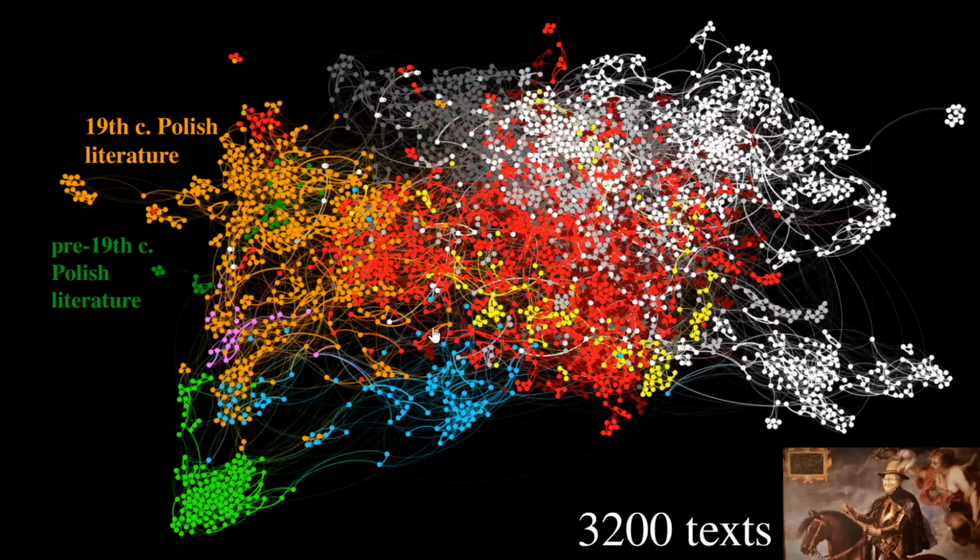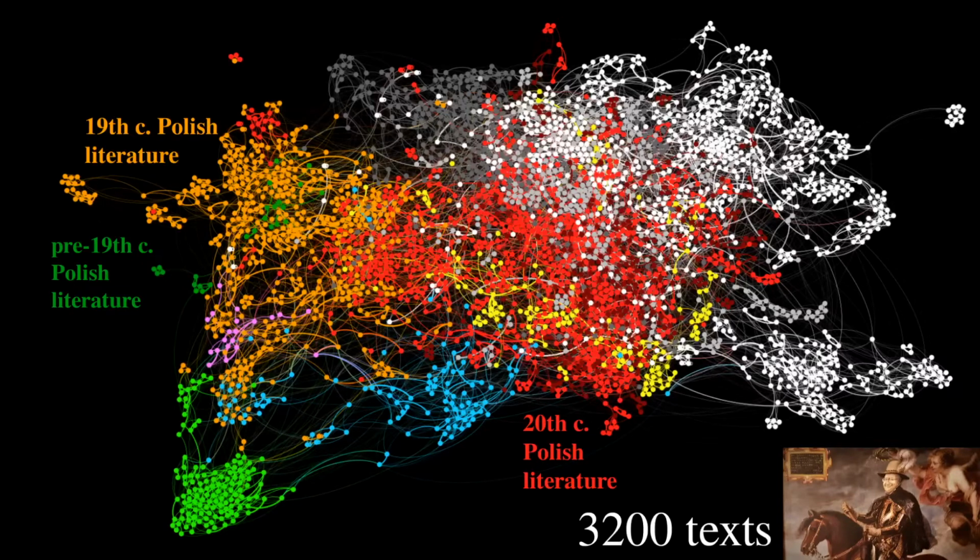Anything that's orange, clustering more or less here, this is 19th century Polish literature, especially 19th century Polish prose. Anything that's red, you can see that we're slowly but surely moving from left to right here, so the chronology works again, is 20th century Polish literature.